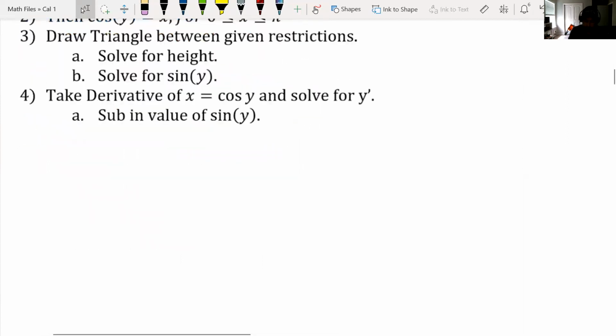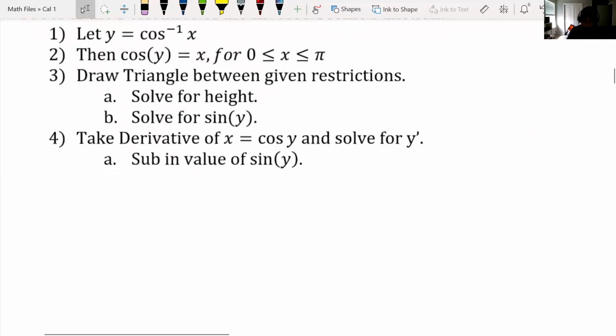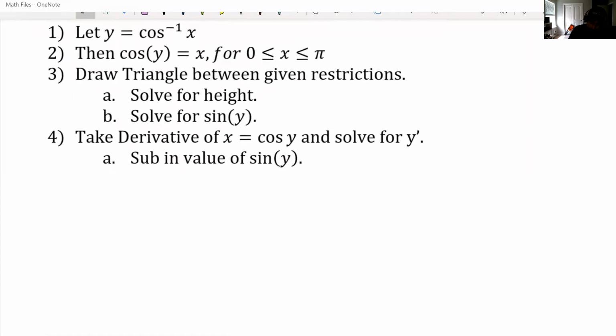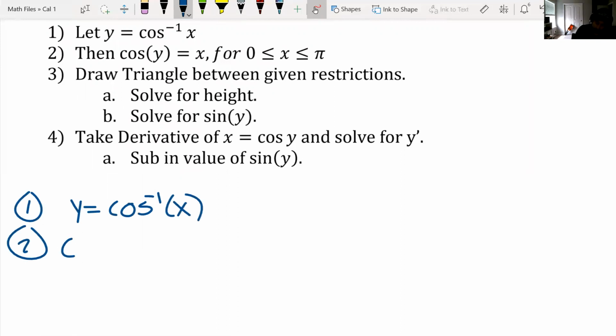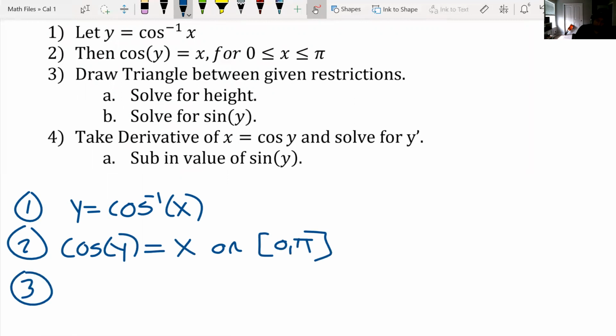Let's go ahead and prove this. So, step 1, y equals the inverse cosine of x. Step 2, compose. Cosine y equals x on 0 to pi. Step 3, draw your triangle.